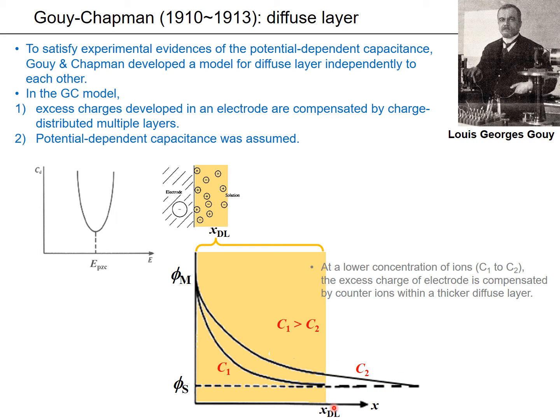I mean the diffuse layer thickness, X_DL, gets thicker as the concentration of ions decreases.